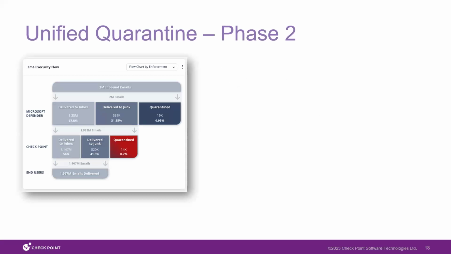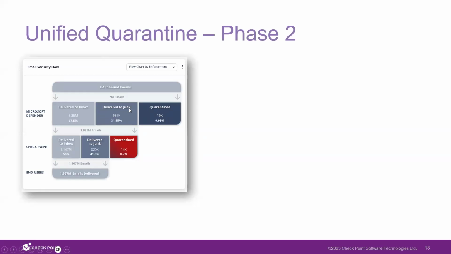So a couple examples of that. Right on our overview screen, we give you the email security flow. So what does this tell you? Well, it shows you all the inbound messages coming into Microsoft. Then what Microsoft did with those: they delivered them to the inbox, delivered them to junk, or quarantined them. Now, obviously, if Microsoft quarantines them, they don't come to us.